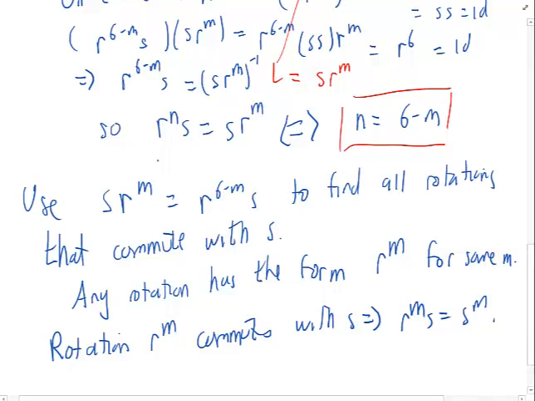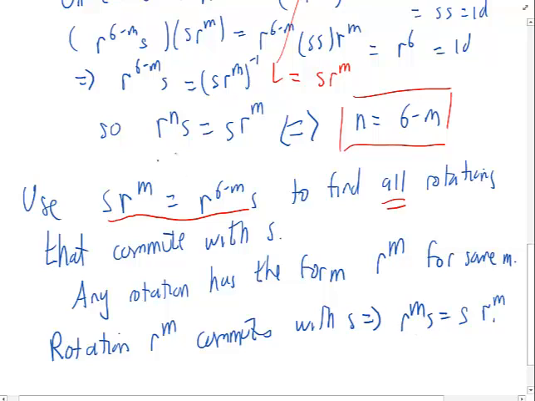Okay, this relation is true for all rotations. I'm sorry, I messed this up. This should be sr to the m. Trying to write too fast. Okay.